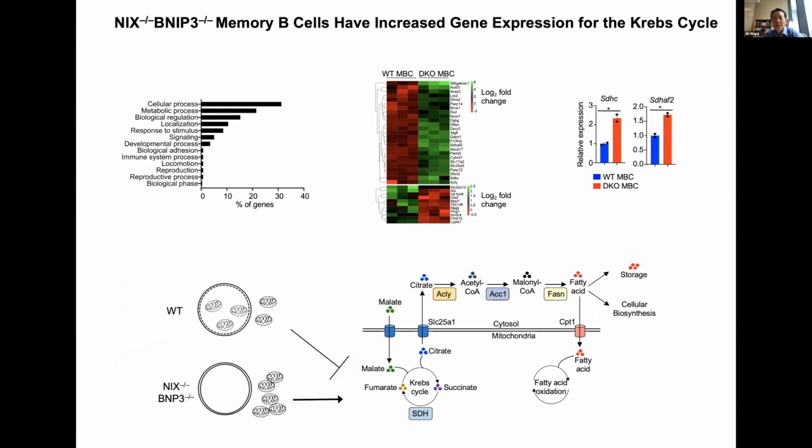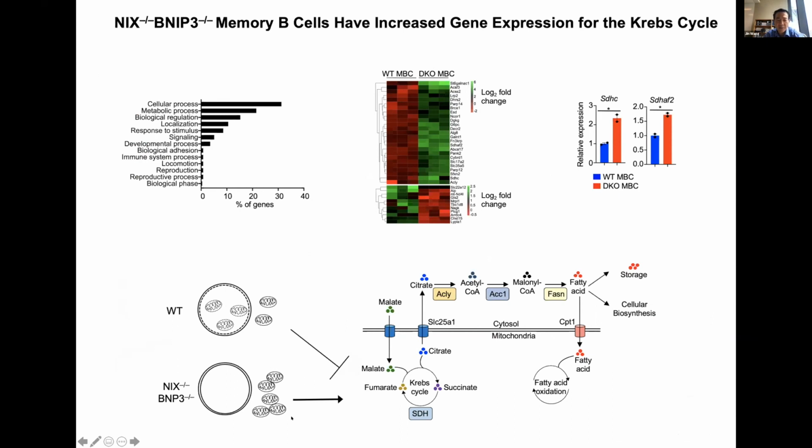Initially we did the biochemistry, and we were surprised to find that the fat metabolic genes, a few of them here, are significantly increased in the mitochondrial autophagy deficient memory B cells.